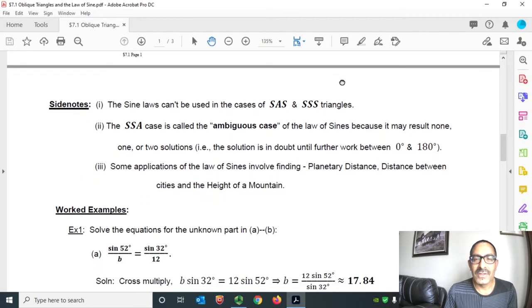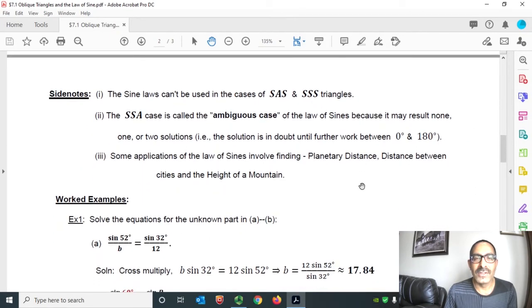Next, some side notes for the laws of sines. The sine laws cannot be used in the cases of SAS and SSA triangles. For those cases, we need to apply the laws of cosine, which we cover in the next sections. The SSA case is called the ambiguous case of the law of sines because it may result in none, one, or two solutions.